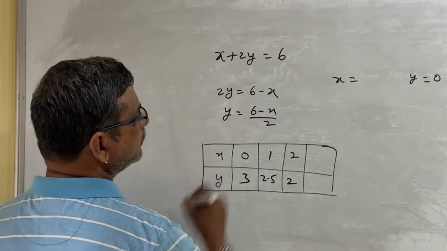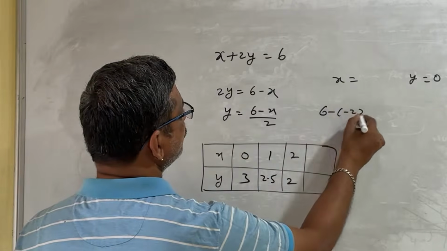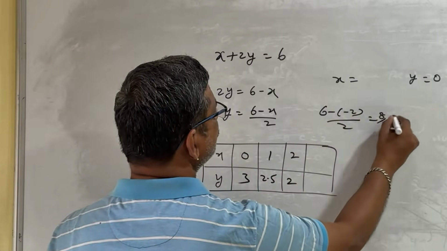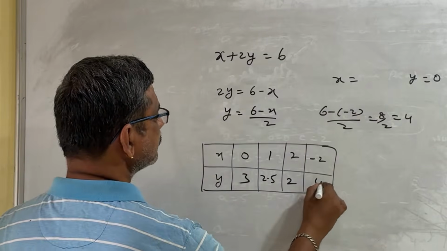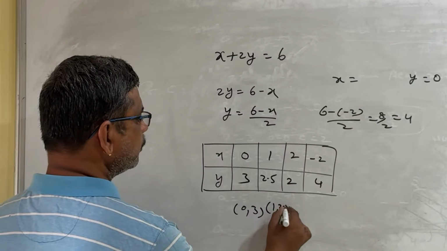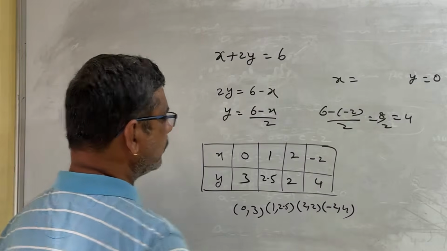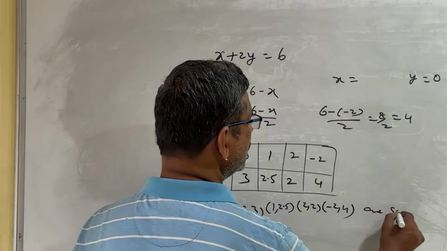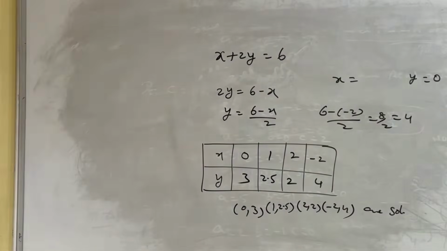I am giving negative 2. 6 minus negative 2, 8. 8 by 2, 4. So 0 comma 3, 1 comma 2.5, 2 comma 2, negative 2 comma 4 are solutions. These are the solutions. Okay?